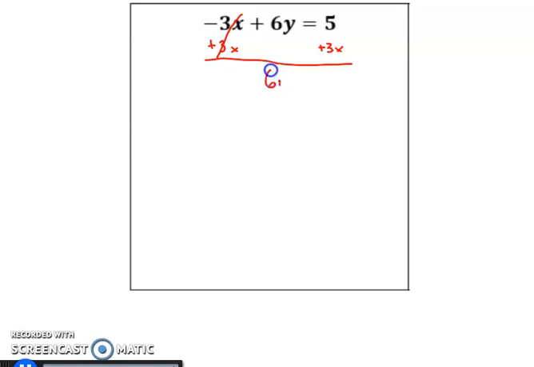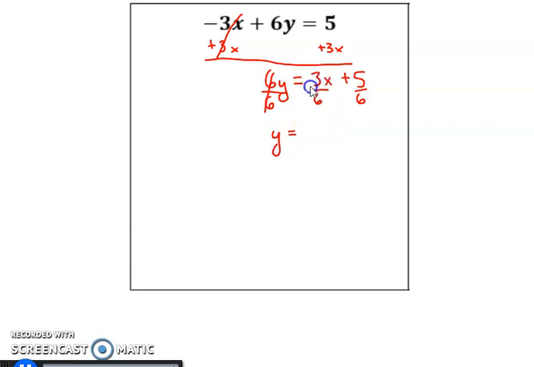I'm left with 6y equals, I'm going to put the 3x first because mx plus b, so 3x plus 5. Not done yet because that coefficient's not 1. So we divide by the coefficient, 6. I'm going to divide these by 6. 6 divided by 6 is 1, so I'm left with 1y. Woohoo, that's what I want.